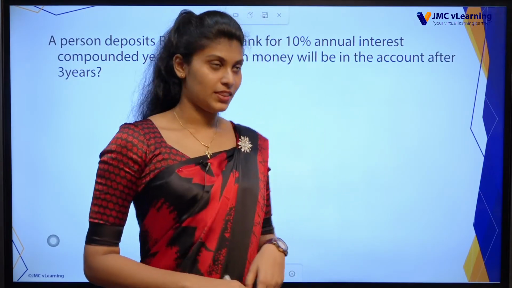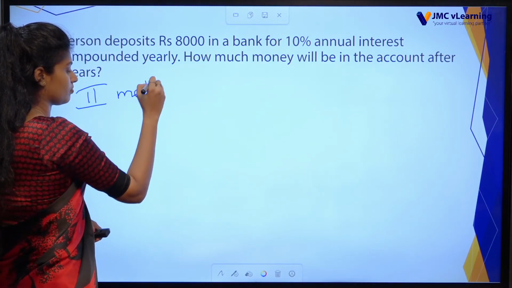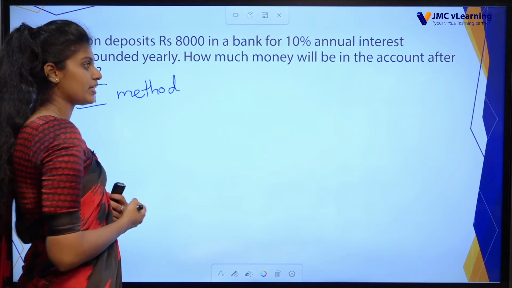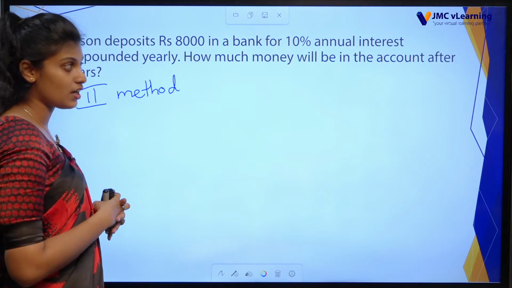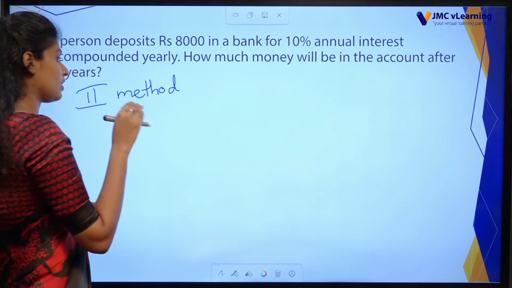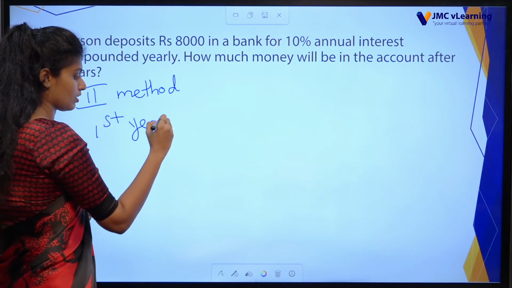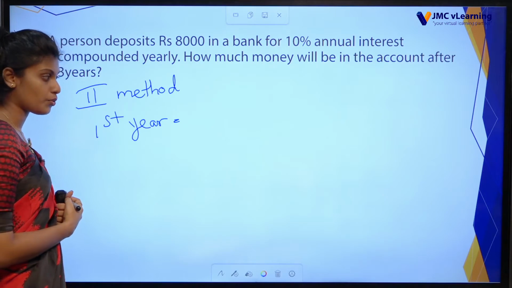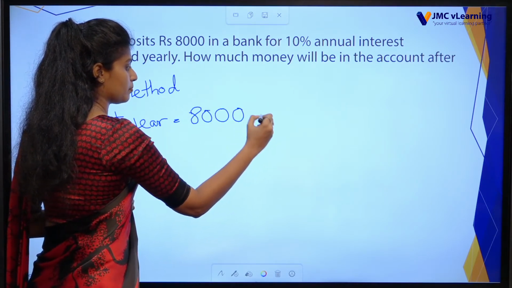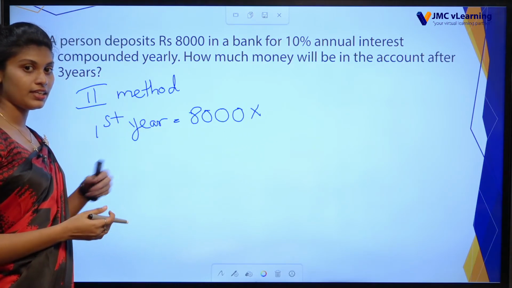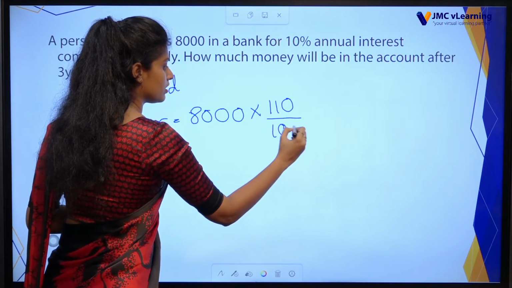Let's see the second method. We can find the money that is in that account after 1 year at once. After the first year, the amount in the account with the interest we can find like this: 8,000 multiply 110 over 100.